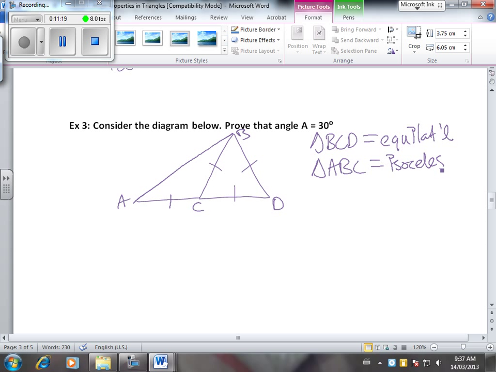Because BCD is an equilateral triangle, we know that all of its angles equal 60 degrees, because they all have to be equal to each other.